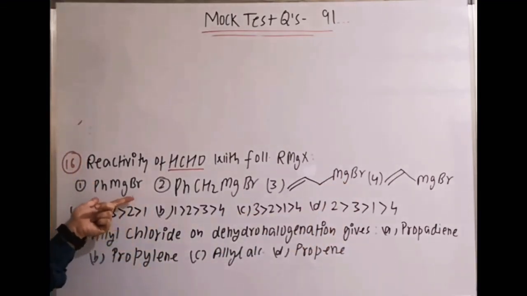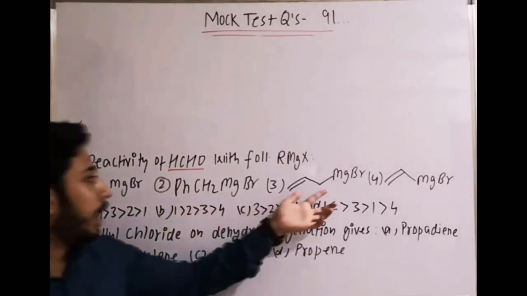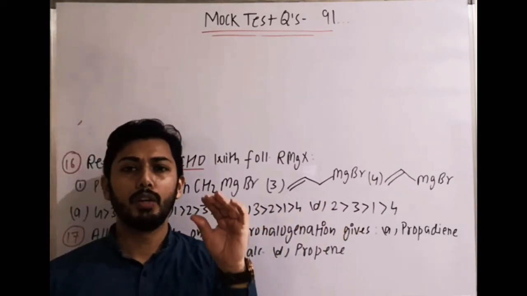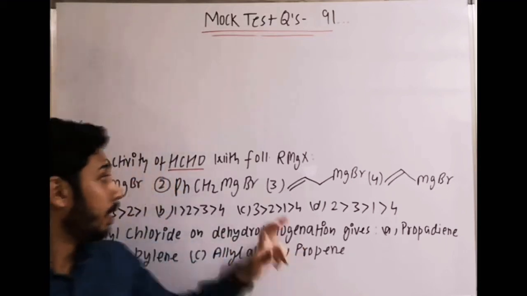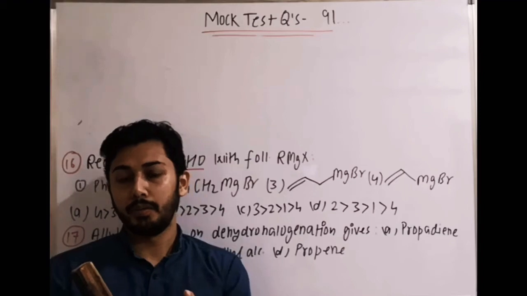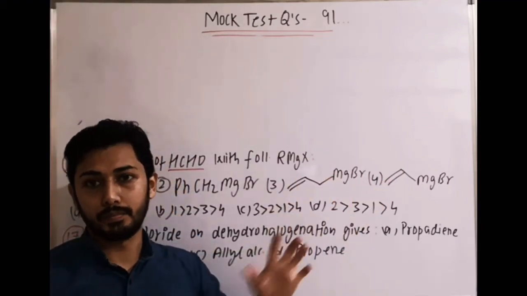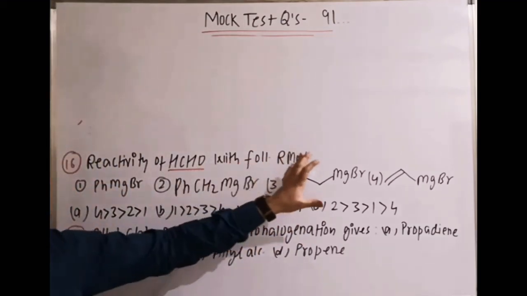So you can see first compound is phenyl magnesium bromide, then benzyl, allyl and vinyl. Now we know that the C-Mg bond will be stronger for phenyl. Why? It is an sp2 carbon Mg bond. Here it is benzyl and allyl. Their C-Mg bond is a little bit weaker as compared to vinyl and phenyl, because they are sp3 carbons and there is partial negative charge developed.